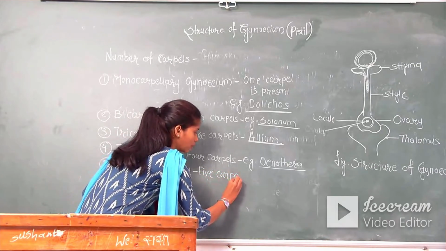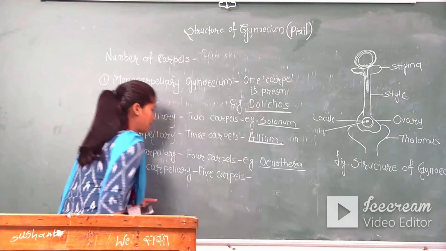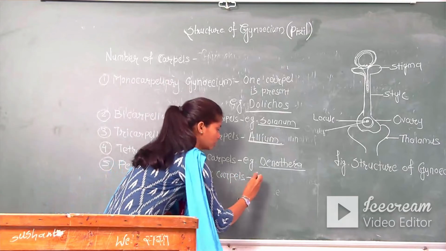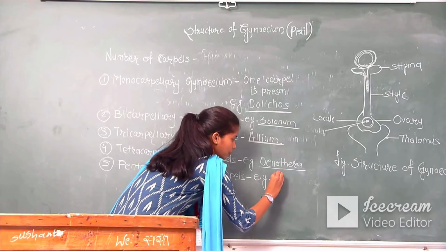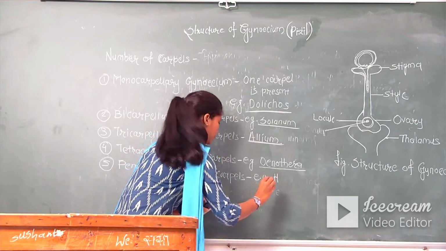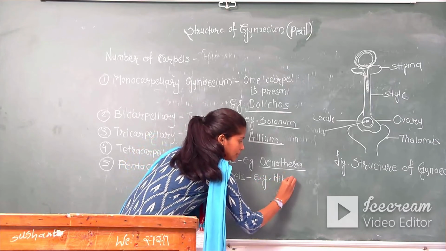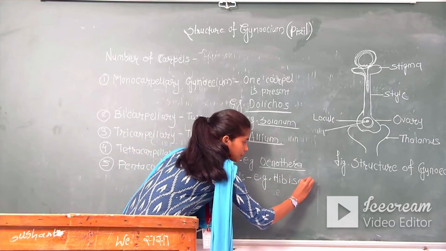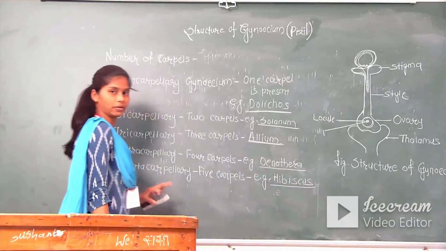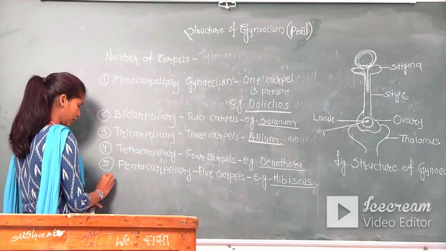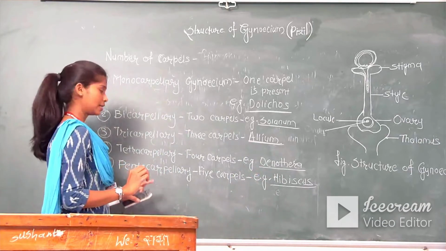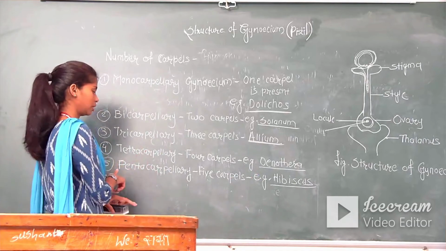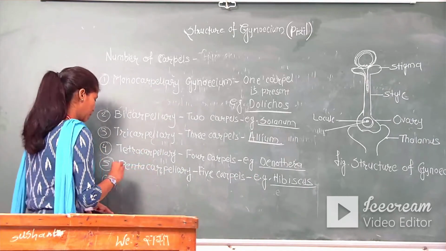You all know that hibiscus is a pentacarpellary flower, so it is known as pentacarpellary gynoecium. In case of hibiscus flower, which is a well studied plant, it contains five carpels, hence gynoecium is known as pentacarpellary.